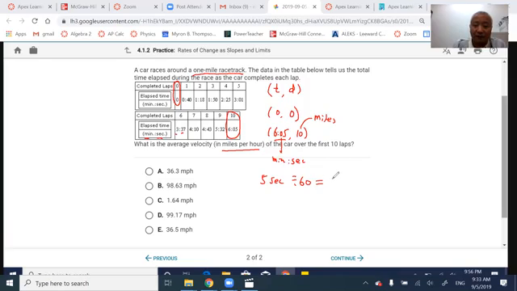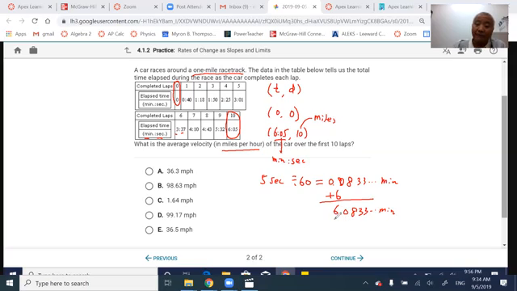It's about 0.0833 there. That's minutes, right? But you gotta add the 6 minutes. So you got 6.0833 minutes. Total to finish the 10 laps.